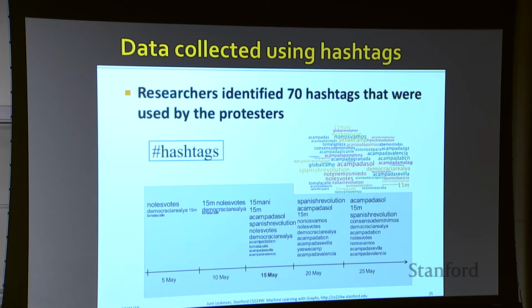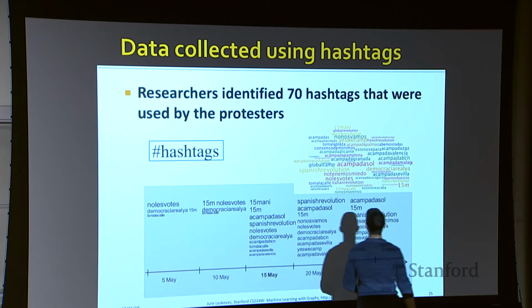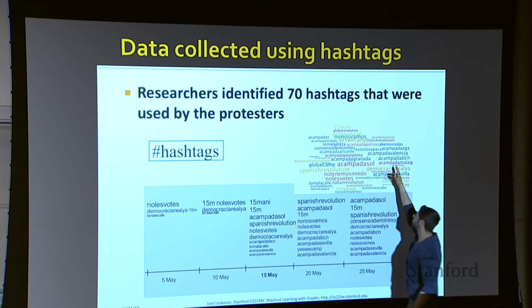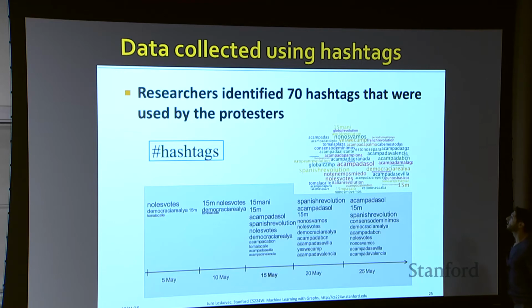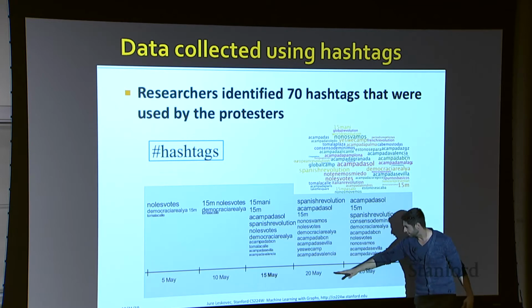What they did is they manually selected 70 hashtags that were used by the protesters. They went through a lot of tweets, and clearly the authors were able to speak Spanish. I know there's also Italian Revolution and a lot of other Spanish words in there, and they selected the key hashtags also over this timeline.